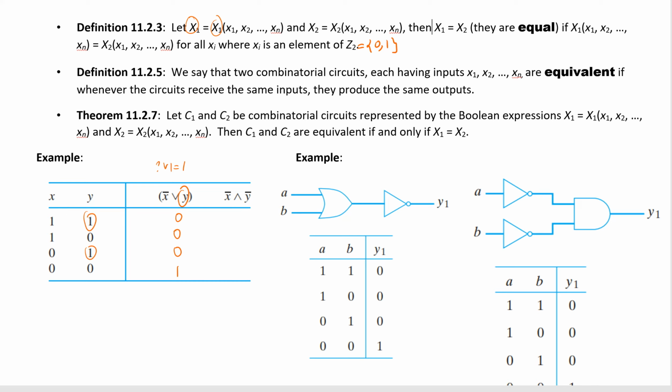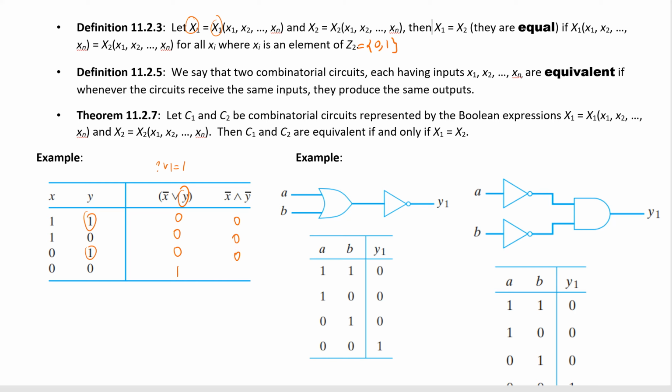Next, we have x bar and y bar. So 0 and 0 is 0. Here we have 0 and 1 is 0. And then here we have 1 and 0 is 0.